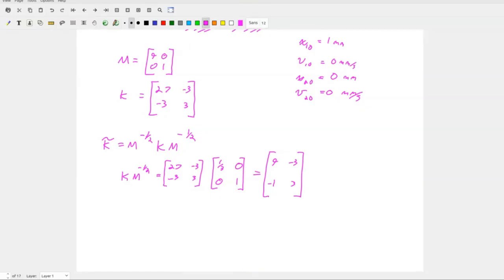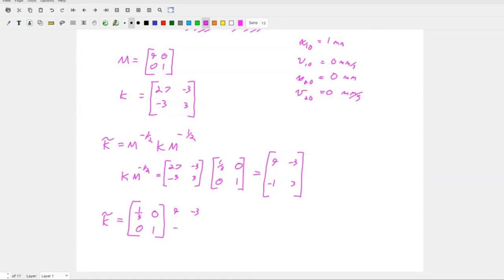So now that I have that, I can get that K tilde is equal to M to the -1/2, which is 1/3, 0, 0, 1, times K M to the -1/2. Well, I've already solved that.